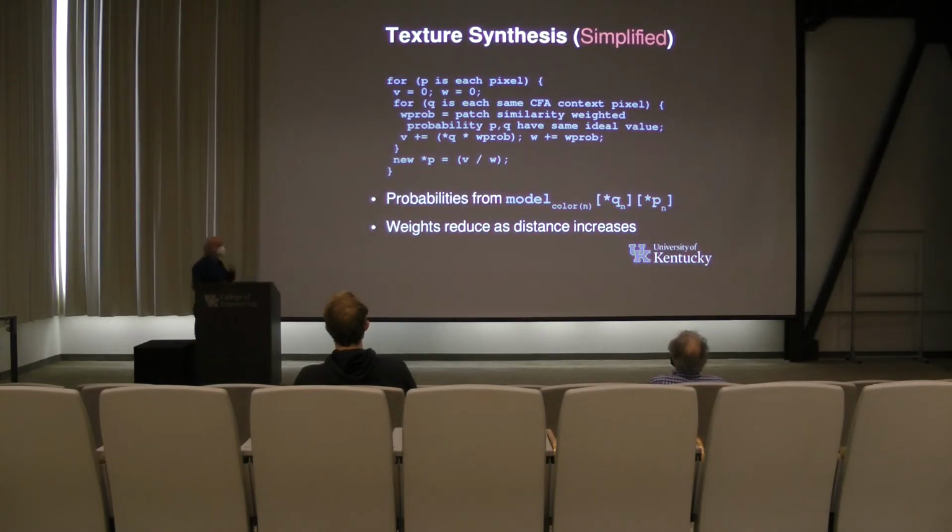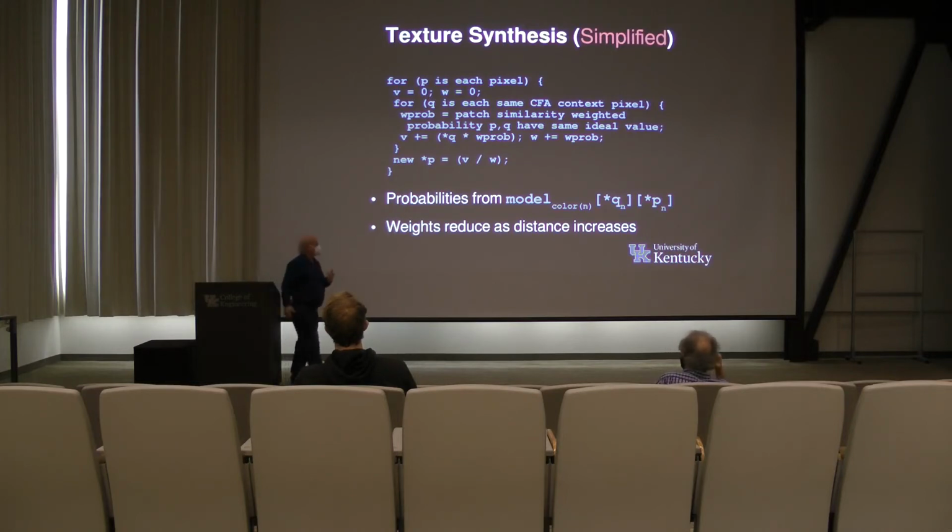The texture synthesis algorithm itself is pretty straightforward. This is a crude version of it, but you can see the idea is you're just summing up these probabilistically weighted pattern matches, saying which of these patches look reasonably close, and by reasonably close, I mean you just multiply the probabilities for each of the individual matches within the pattern.